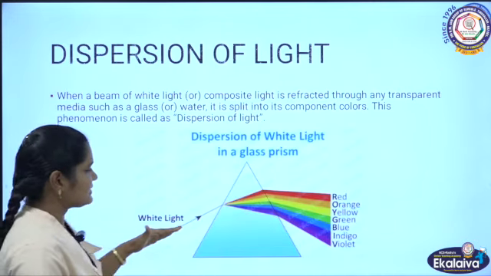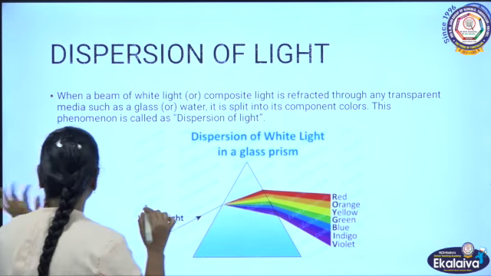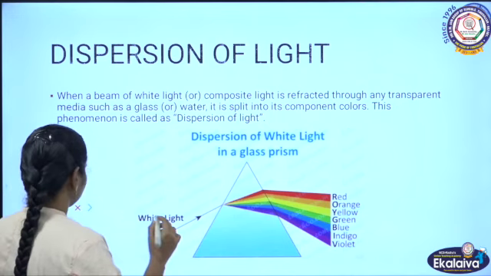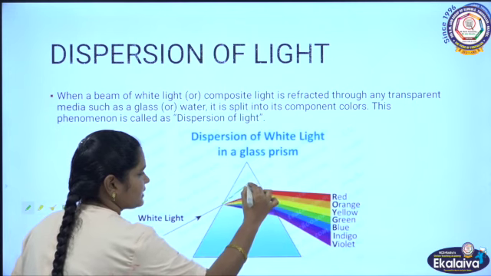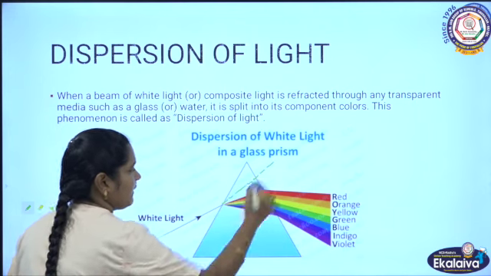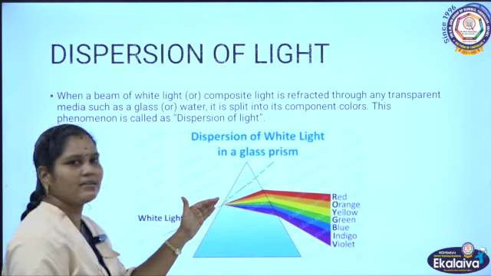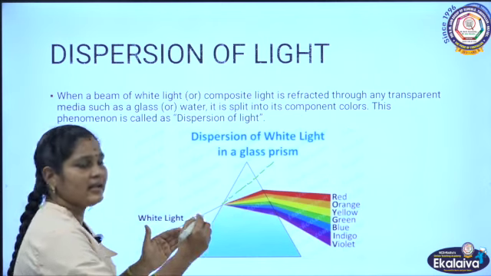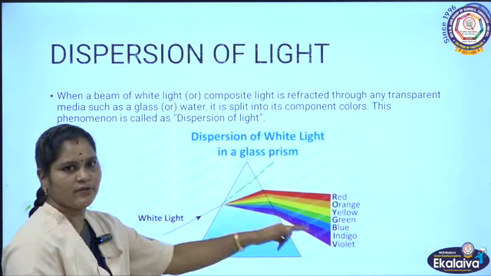When the light is incident on the glass prism, this would be the actual path of the light. But this does not happen here because when the light is incident on the glass prism, it gets deviated or bends in that medium. So in this way we get that spectrum.